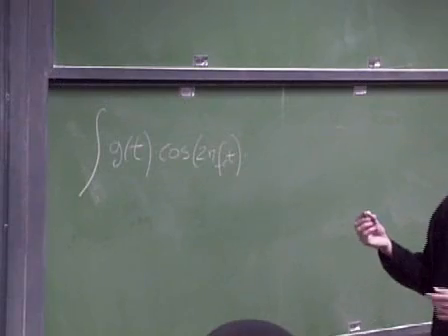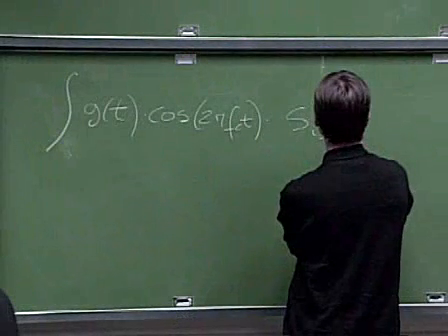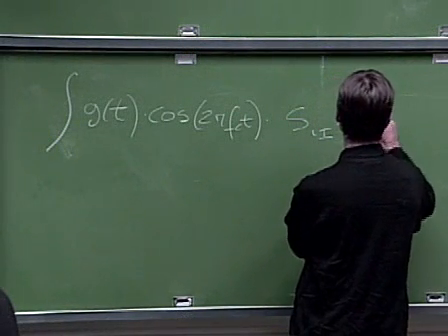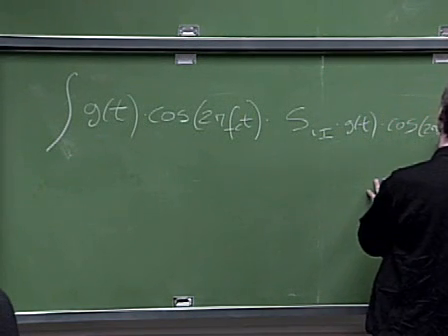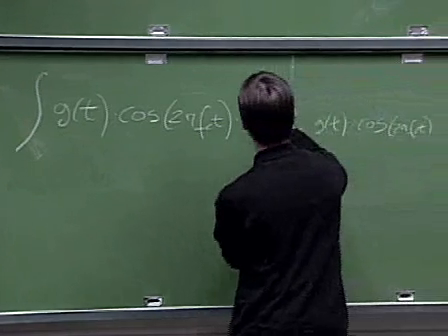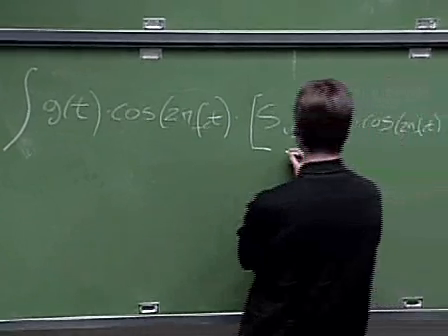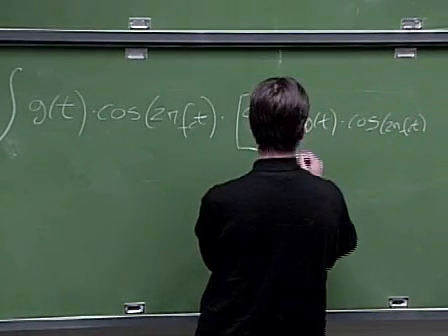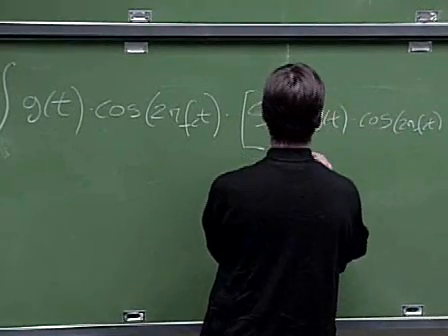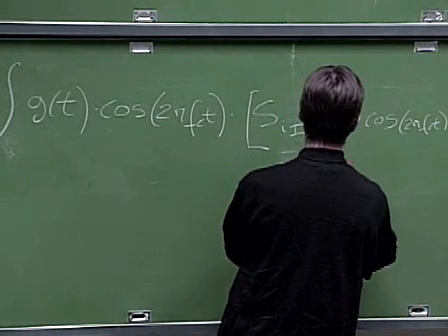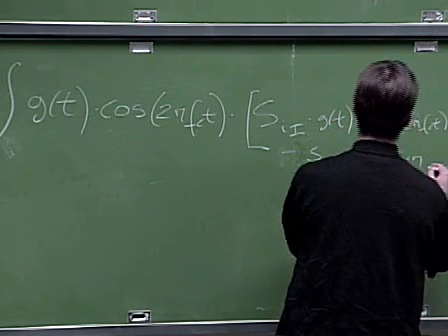The signal that we sent was s_i in-phase times g(t), you guys keep me honest here, times cosine of 2 pi f_c t. This is the in-phase part. And just to save space, I'm going to write plus j, minus s_i quadrature times g(t) times the sine.